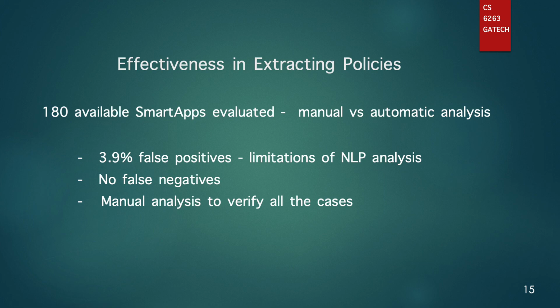In this process, they did not observe any false negatives, though they identified 7 false positives, which is the equivalent of 3.9%, in which SmartAuth flagged a behavior as unexpected, though manual analysis of these cases had suggested otherwise.